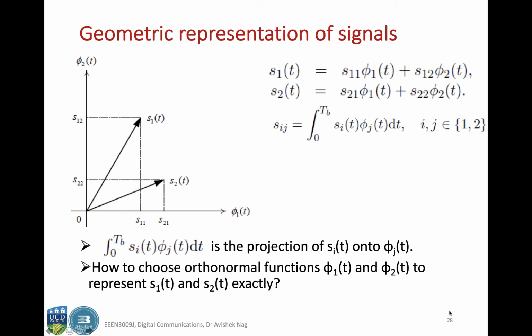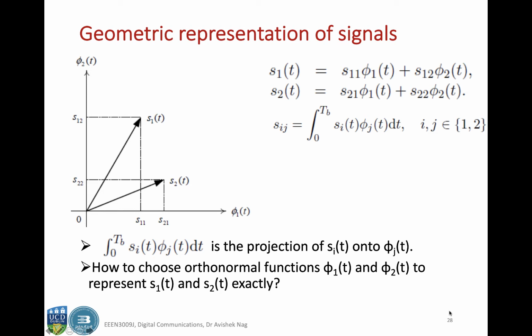In fact, any signal can be represented as a linear combination of not only two vectors phi1 and phi2, but can be more than two. So the basic idea is that a signal in the time domain can be represented as a vector in, let's say, a two-dimensional vector space defined by phi1 and phi2, or a three-dimensional vector space defined by phi1, phi2 and a third vector phi3, and so on.